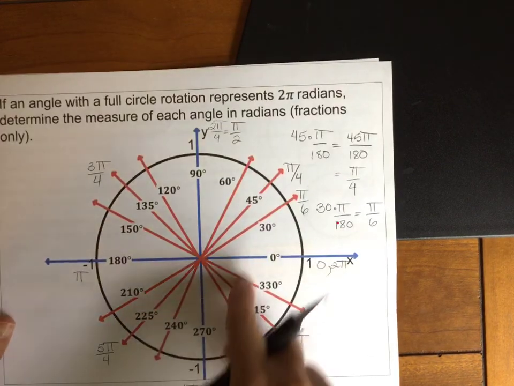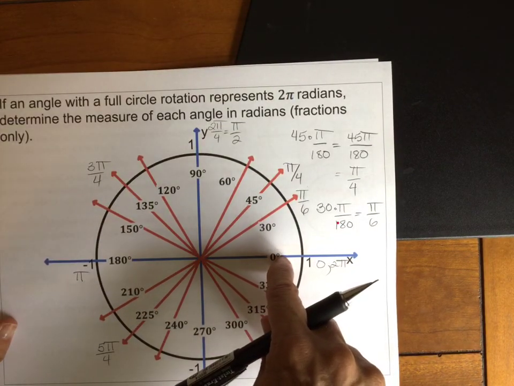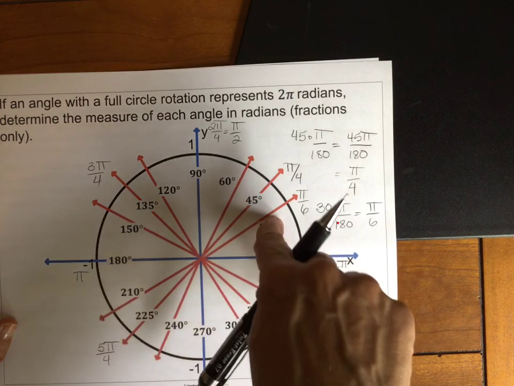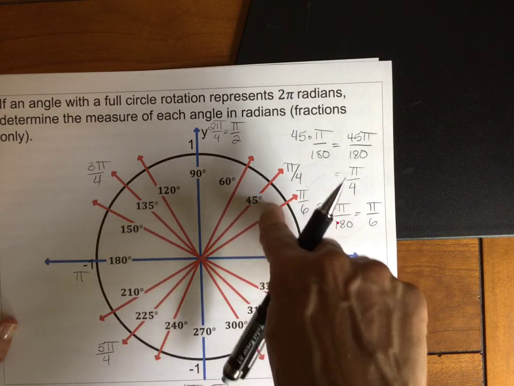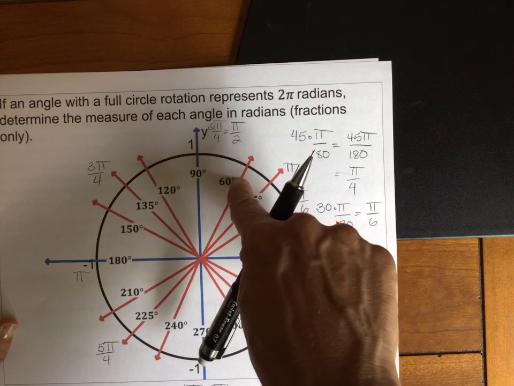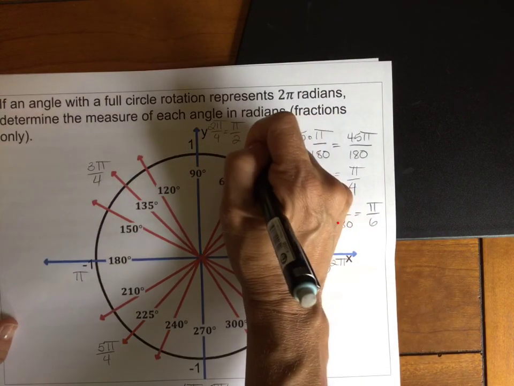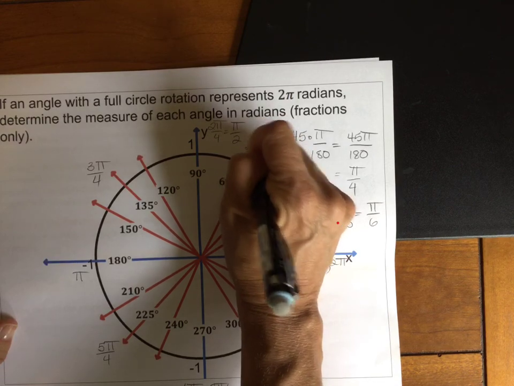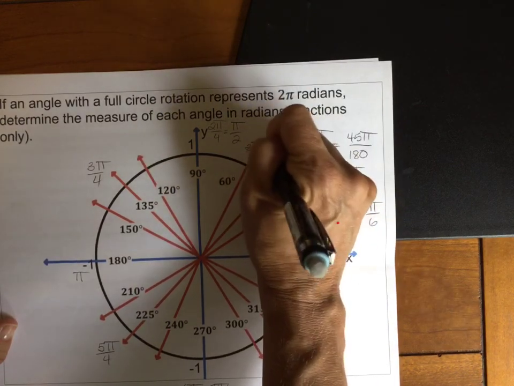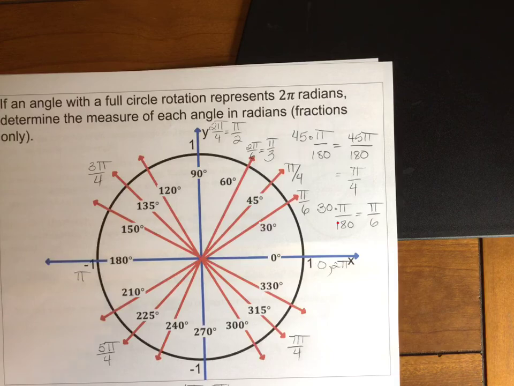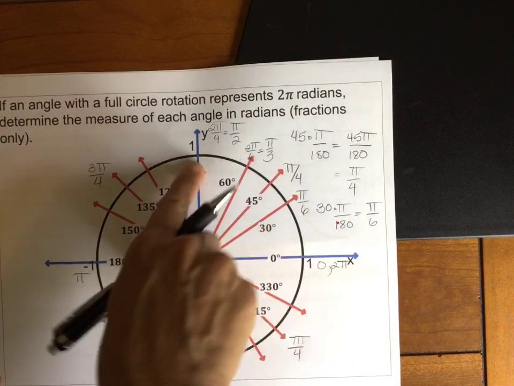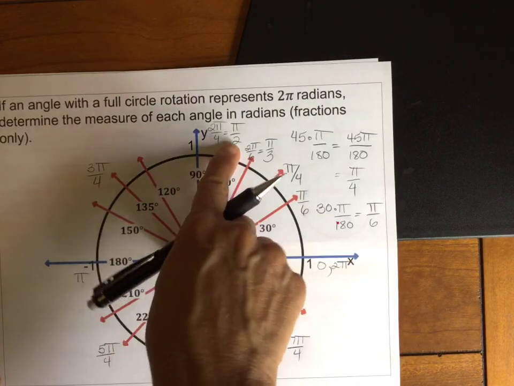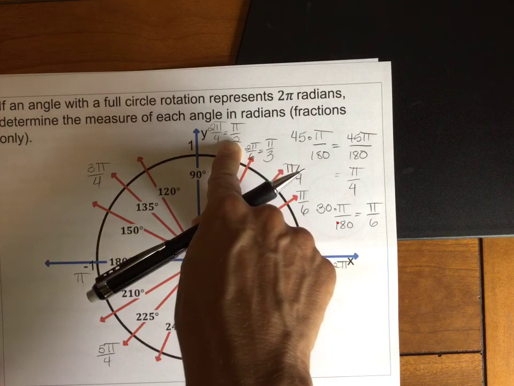So we're going to do it again. We're going to cut it up in a bunch of 30-degree segments. So here's 1 pi over 6. This is another 30 degrees up here at 60. That's 2 pi over 6. Well, 2 pi over 6 reduces to be pi over 3. Then we're up here at 3 pi over 6, which becomes pi over 2.